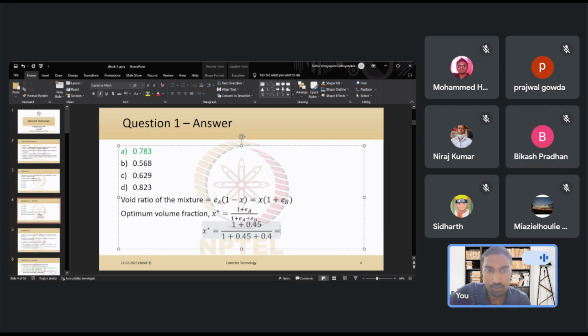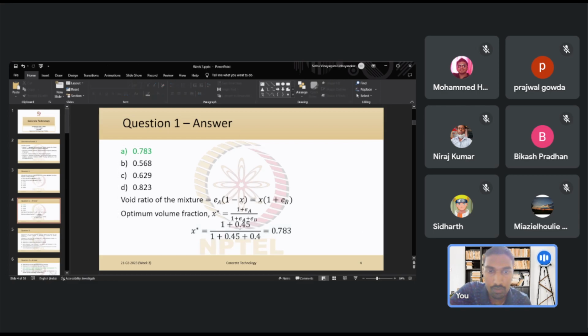If you solve that, you will get 0.783. So that is the optimum fraction of the coarse aggregate that you have to add to the fines so that the void ratio is minimum. So it has to be 0.783, okay? And that's how we arrive at this answer.